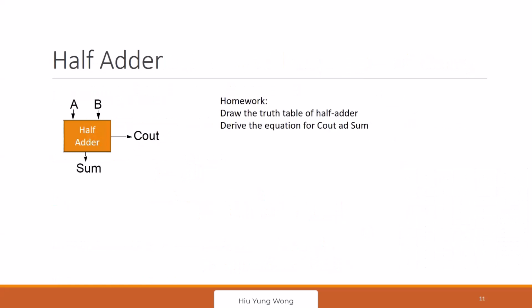Now this one I will ask you to go home and repeat what I have said, but for the half adder. So what is a half adder? It doesn't take C in. Under what situation do we use a half adder? Does anyone have any suggestion? Why is a half adder useful if there's no C in?